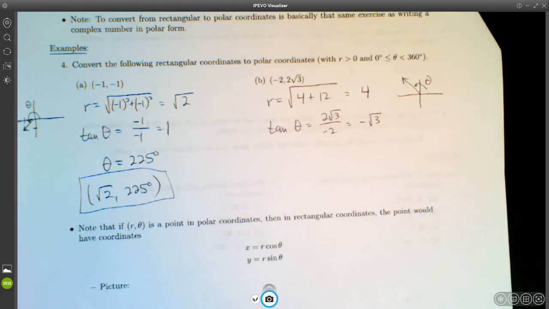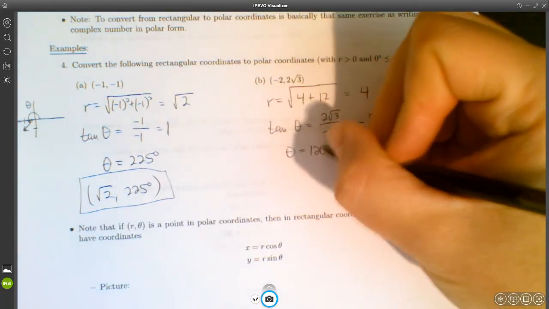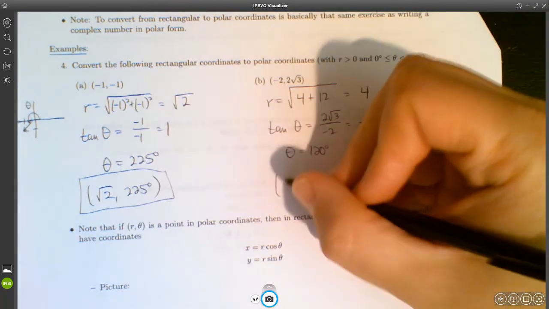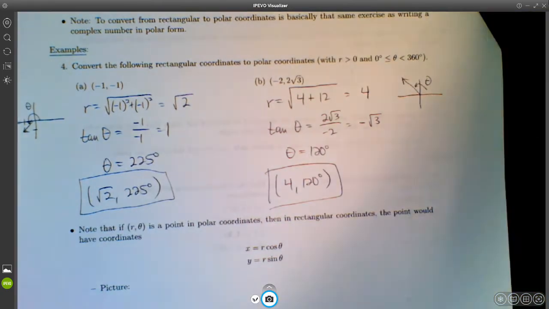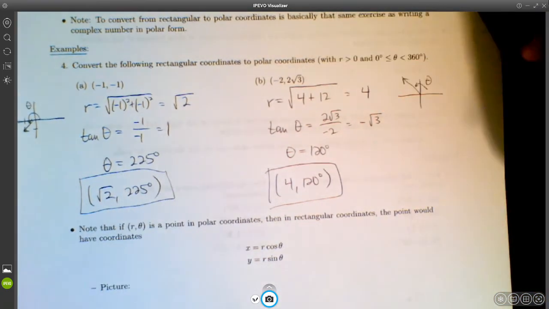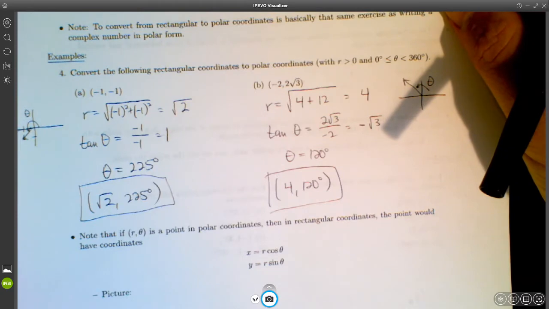So I'm going to do tangent inverse of -√3, and then add 180 degrees. So 120 degrees. Okay, so there's the polar coordinate that corresponds to this rectangular point. Okay, so that's how we go from rectangular to polar.